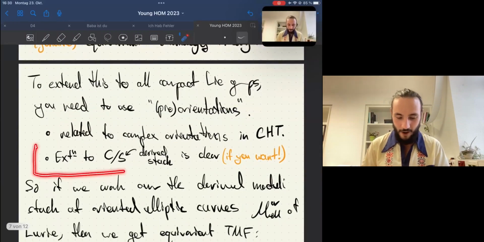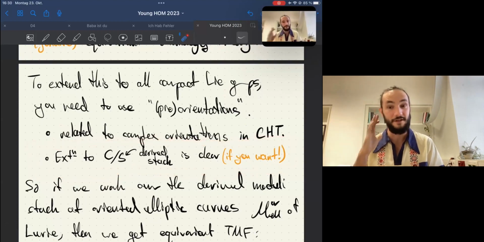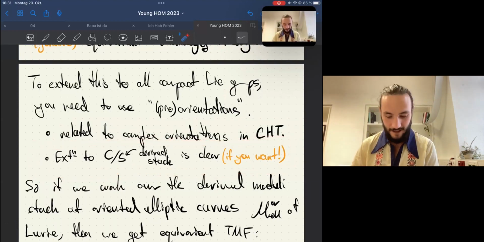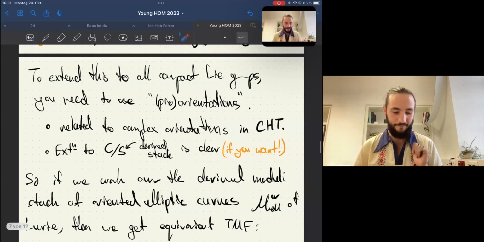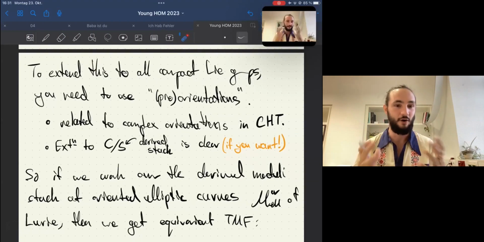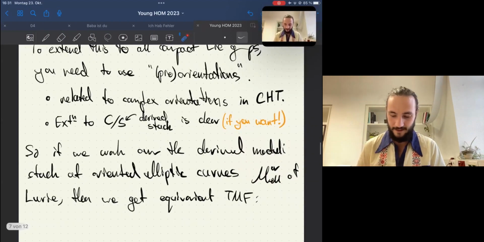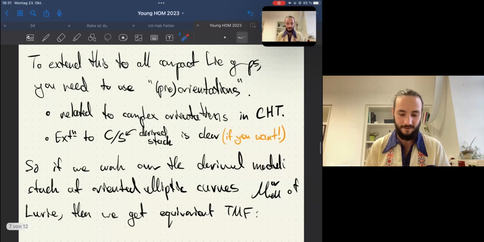For those of you who know what a derived stack is or have worked with derived schemes before, the generalization is really natural. But I won't go into it too much here, except to say that there is a universal elliptic cohomology theory. There is a moduli stack of elliptic curves, and we want to work with oriented elliptic curves because then we get all of these nice properties.